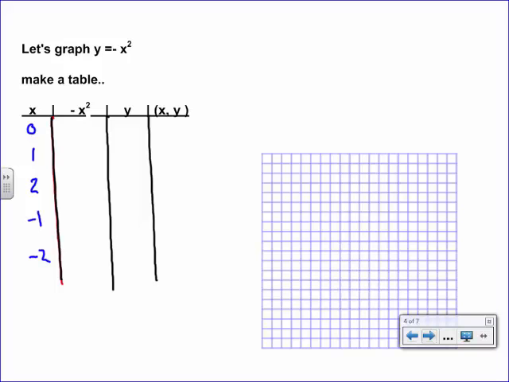And just be careful, whenever you substitute a value in, you should put it in parentheses. 0 squared is 0, and -0 is the same as just 0. If you put in 1, you have to square the 1 first, which is +1, then apply the negative, which gives you -1. Again, just like order of operations, you must square the 2 first, which gives you +4, then apply the negative, which is -4.